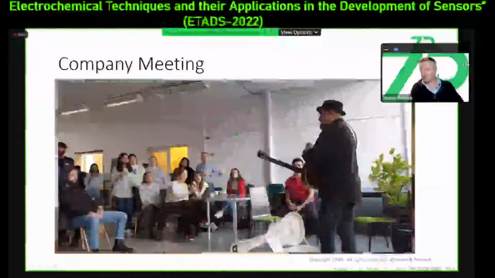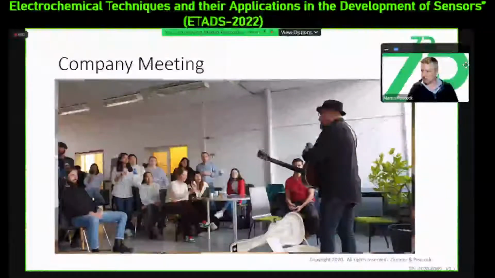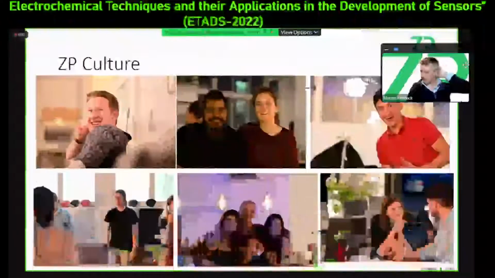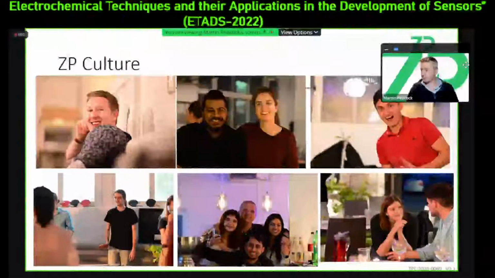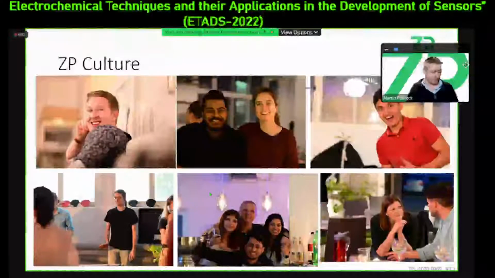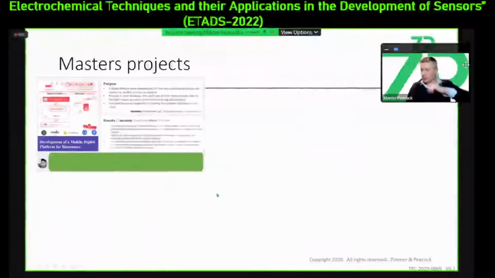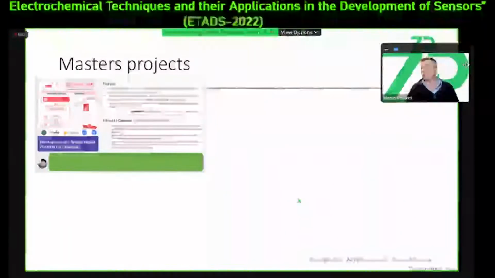And we also have a very nice kind of culture at ZP. This is just some of the images that we took at the recent company meeting.